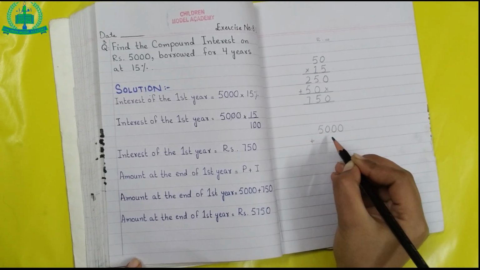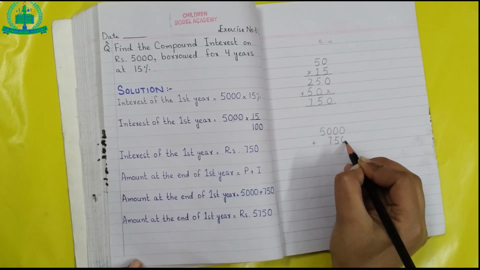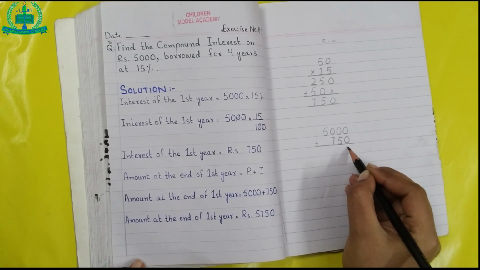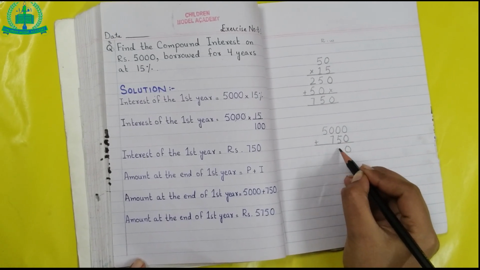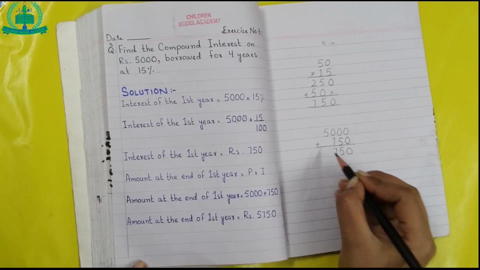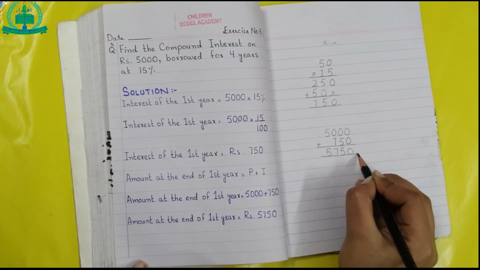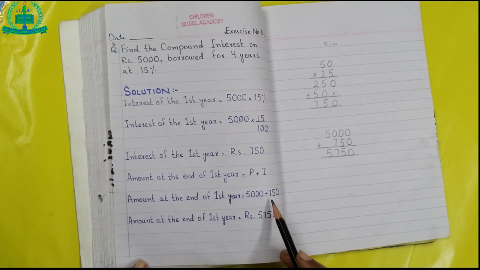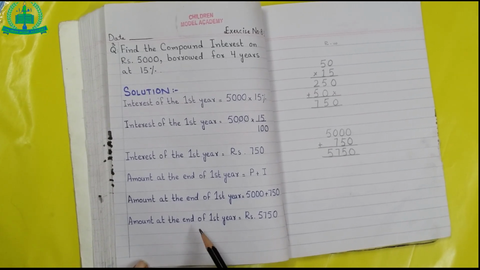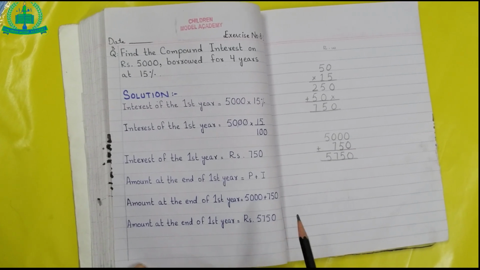Plus. 750. 0 plus 0, 0. 0 plus 5, 5. 0 plus 7, 7. 5. 5000 plus 750 makes 5750. So the amount at the end of first year is rupees 5750.